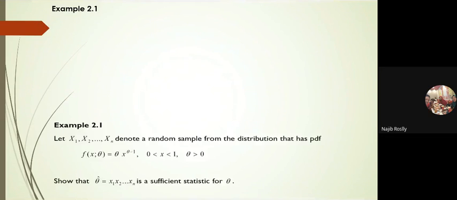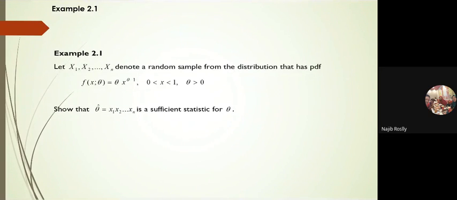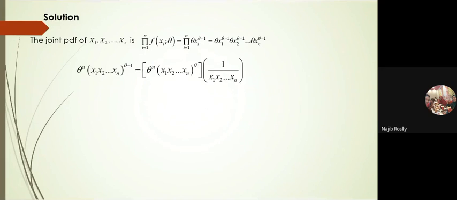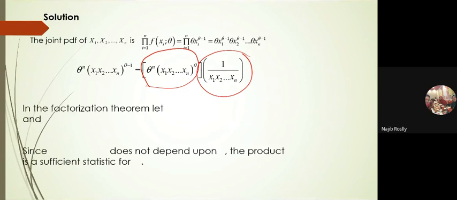So this is our previous example. We want to show that the product is a sufficient statistic. Again, the first step is to construct the joint PDF, and then we split it into two parts. The first part depends upon theta, the other part does not depend upon theta. So we can split that.